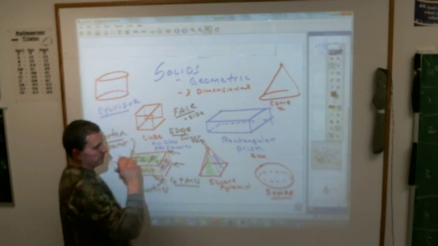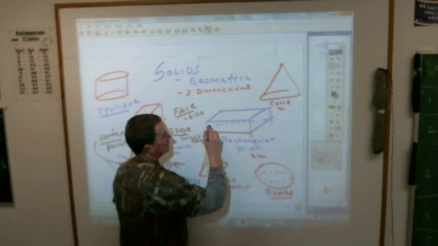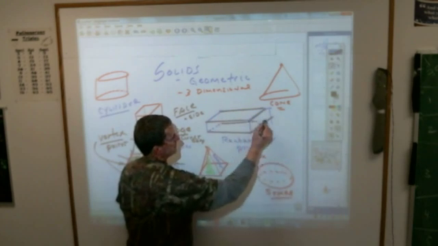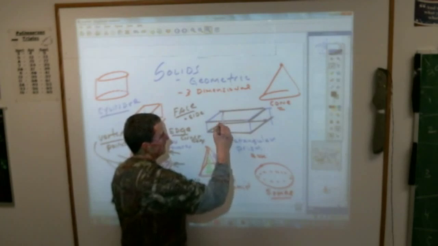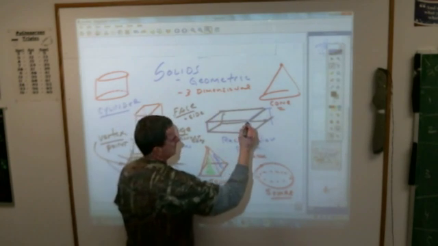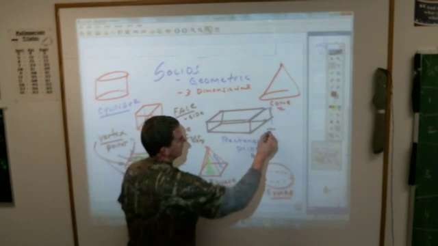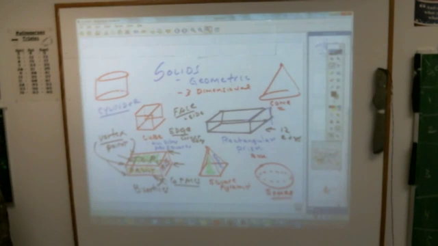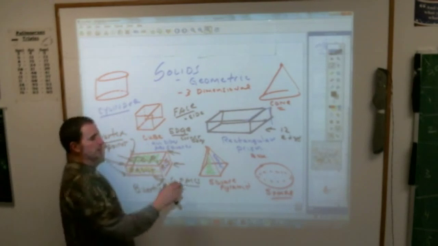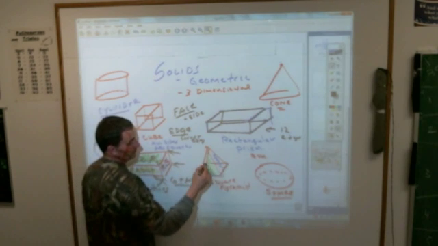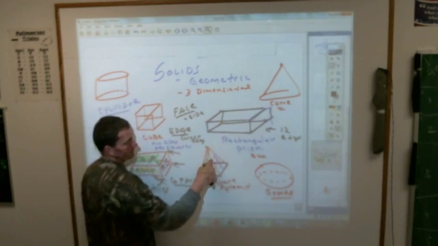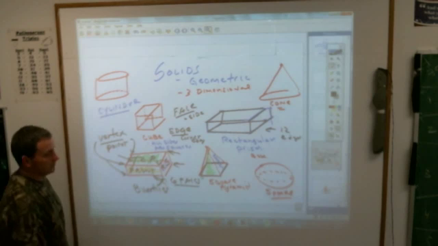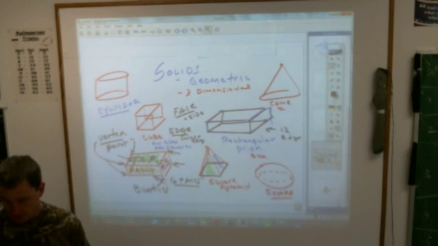If you talk about this rectangular prism, it has 1 edge, 2, 3, 4, 5, 6, 7, 8, 9, 10, 11, 12 edges. The number of lines it takes to make the shape would be how many edges it gets. A square pyramid, 1, 2, 3, 4, and then 5, 6, 7, 8 for all the edges that come around the side. We talk about the edge of the table and all that sort of stuff. So those are your edges.